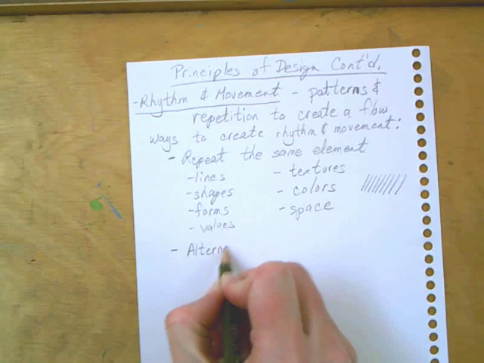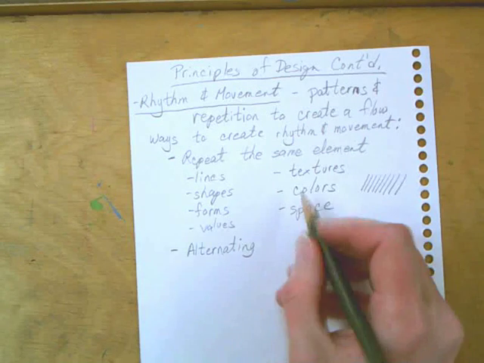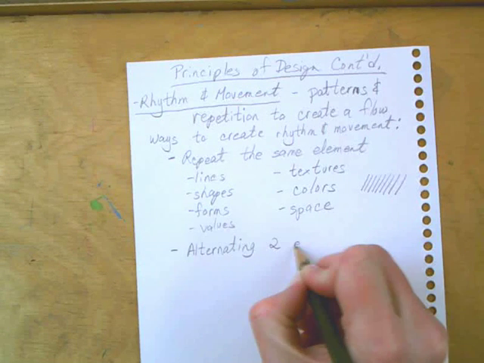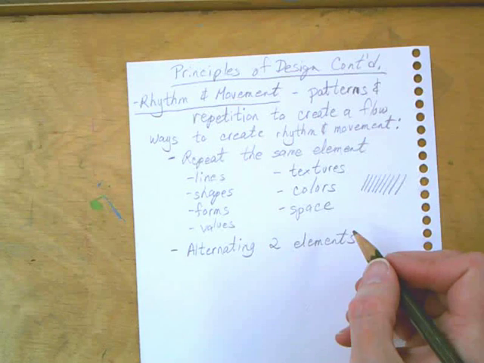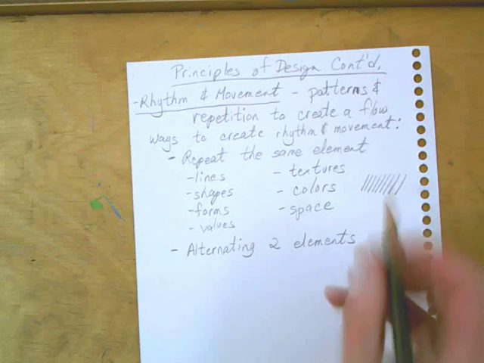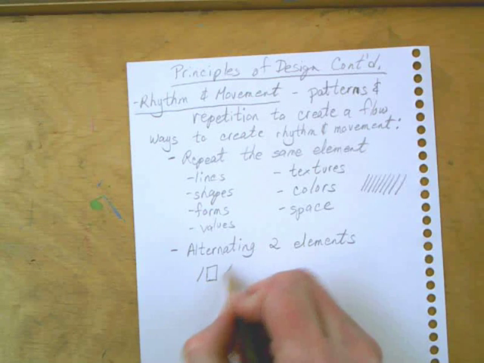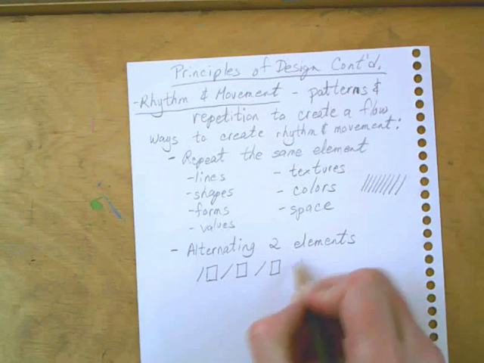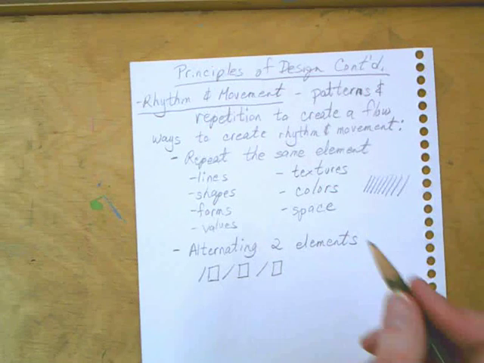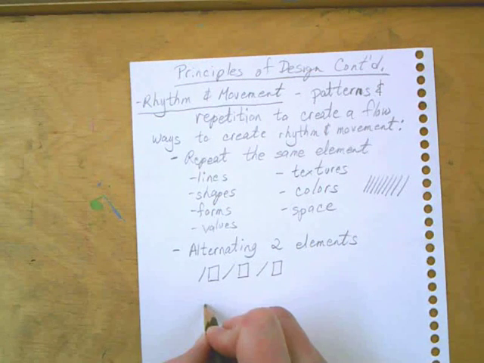Another way to create rhythm and movement is by alternating two elements. So you could do line, shape, line, shape, line, shape. That's one possibility.